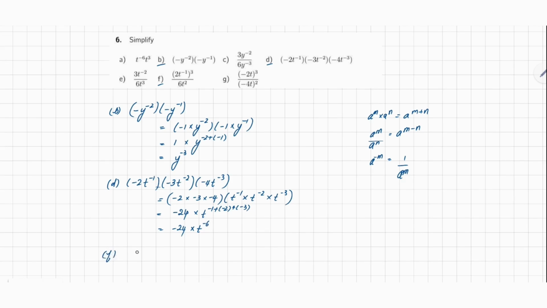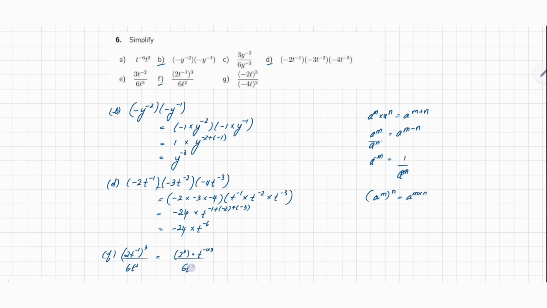For question F, we have 2 times t to the power minus 1 cubed over 6t squared, which gives us 2 cubed times t to the power minus 1 times 3 over 6t squared. The rule used for this is a to the power m raised to n gives us a to the power m times n.